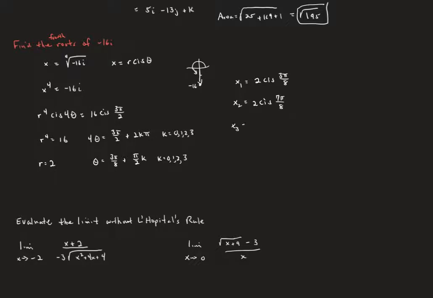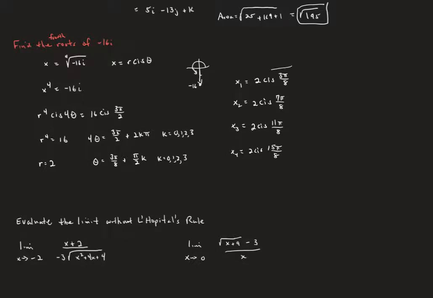Our third root is 2 cis, and we'll add another 4 pi over 8 to the 7/8, which makes 11 pi over 8. And finally, adding yet another pi over 2, which is 4/8, will be 15 pi over 8.